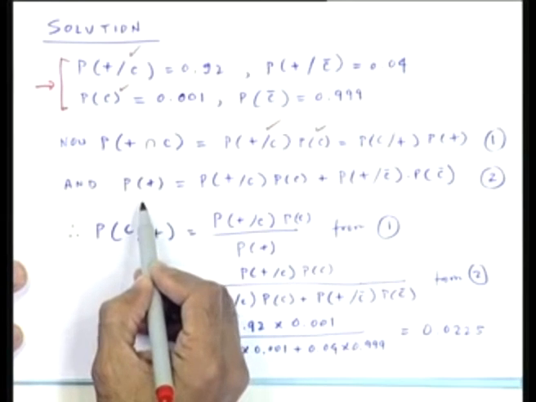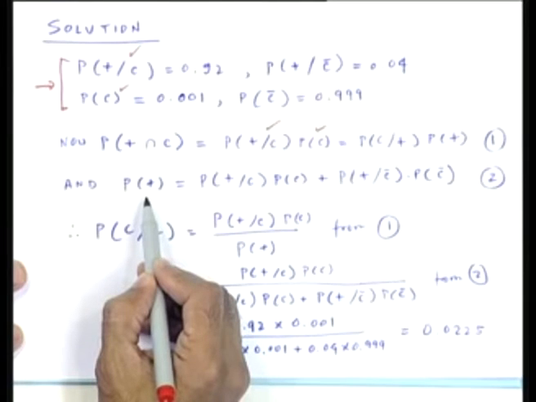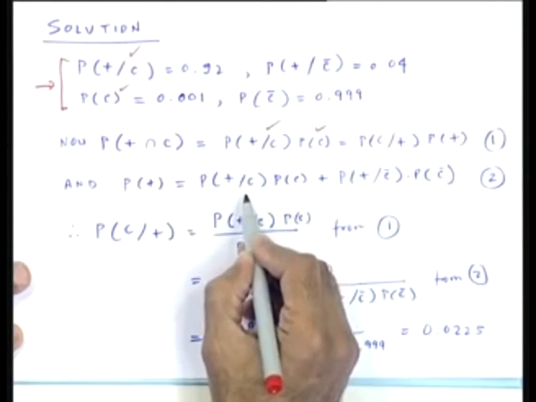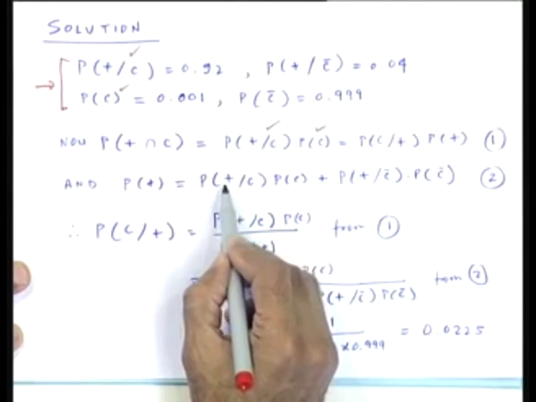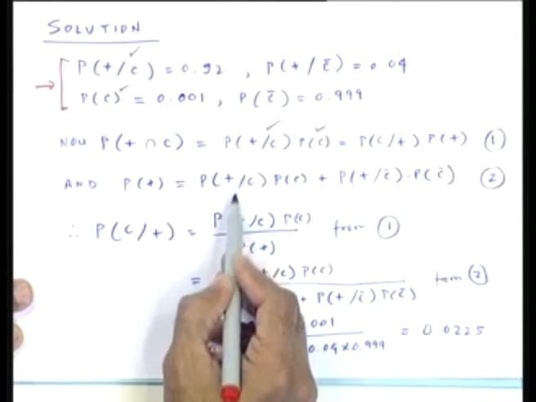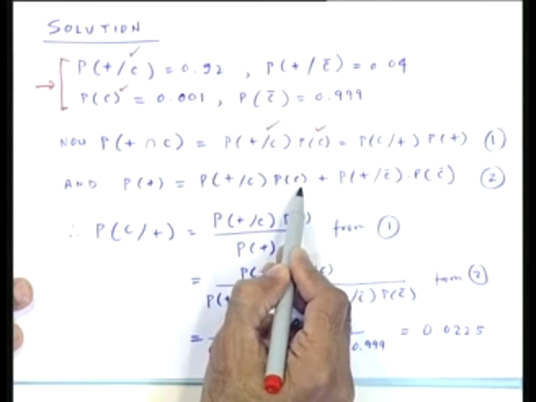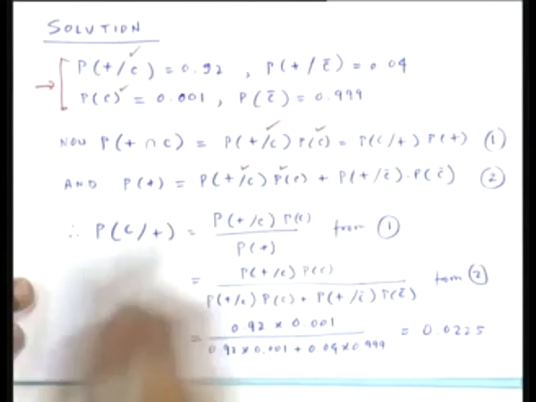Then I look at this quantity here, which is the probability that the test is indicated to be positive. When can that happen? That can happen by this: the probability that the test is positive given that the person has cancer multiplied by the probability that the person has cancer. That is found from here, so I know this and I know this.